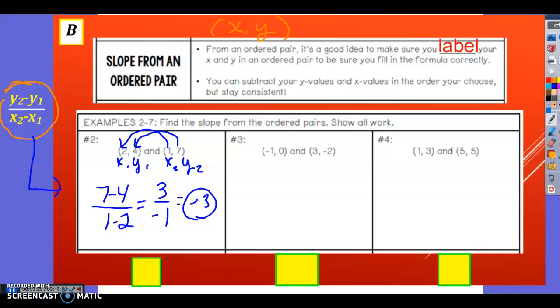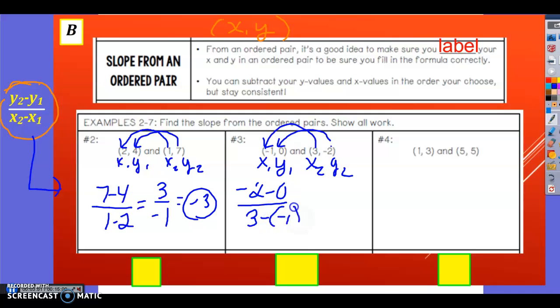Let's do the same thing with problem number 3. First thing we're going to do is label our ordered pairs. So this is my first x, first y, second x, second y. Now I apply my formula. The second y minus the first y, negative 2 minus 0, over the second x minus the first x, 3 minus a negative 1.